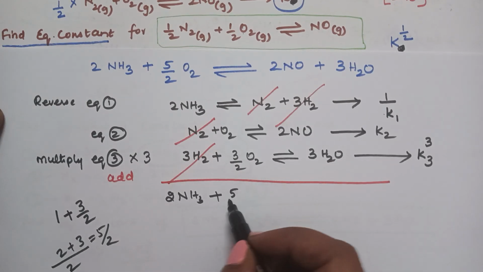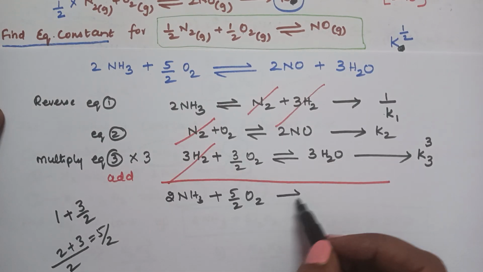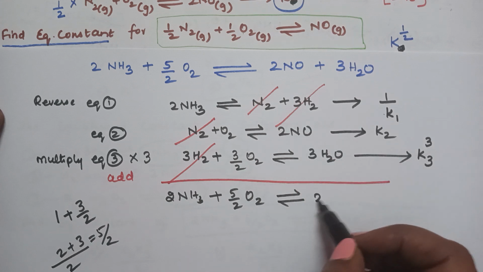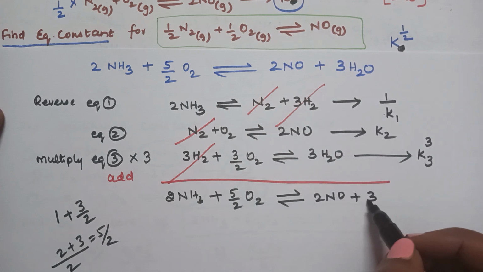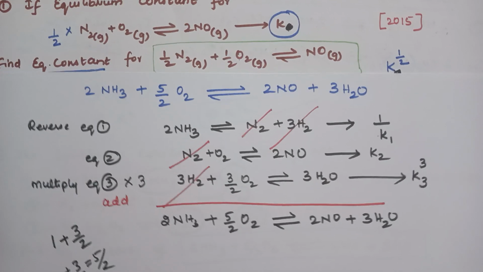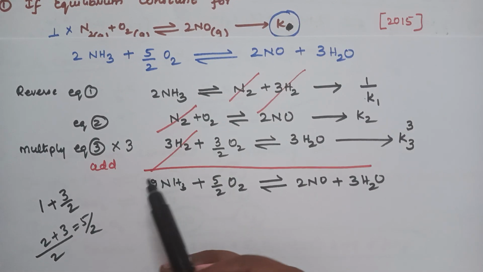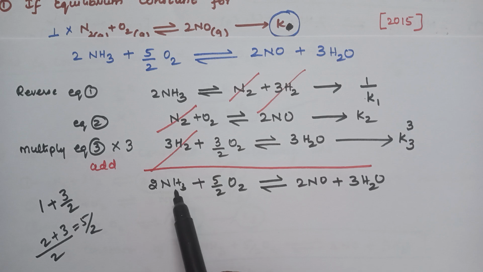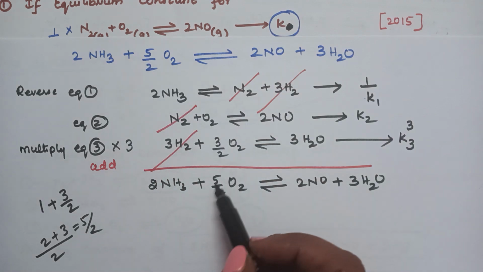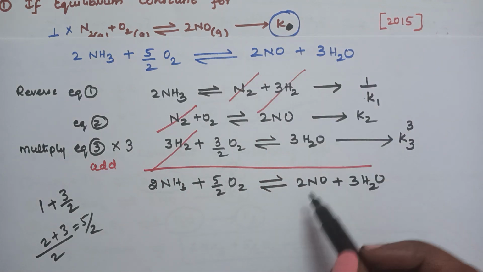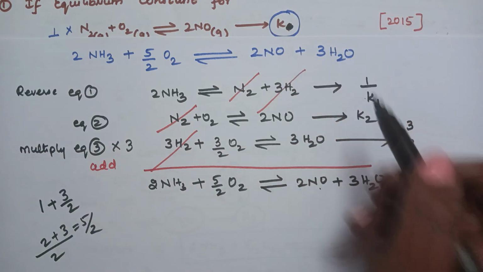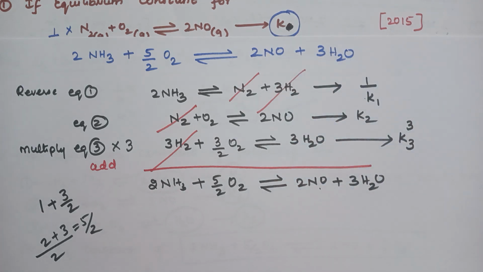So you are getting 5 by 2 O2 giving 2 times NO plus 3 times H2O. Is this the equation that we require? Check: 2NH3, 5 by 2 O2, 2NO, 3 times water. So we got the required equation.